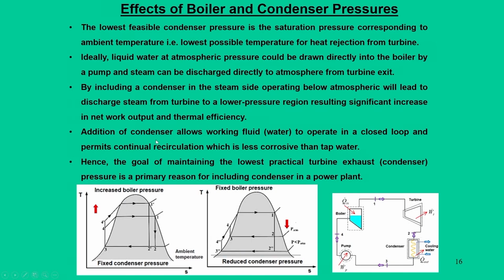Another part is that the addition of a condenser allows operation in a closed loop, and it permits using water that is less corrosive than tap water. So, because of these reasons, thermodynamic aspects always say that higher boiler pressure or lower condenser pressure is the essential motive for the thermodynamic analysis of a steam power system operating in the Rankine cycle.